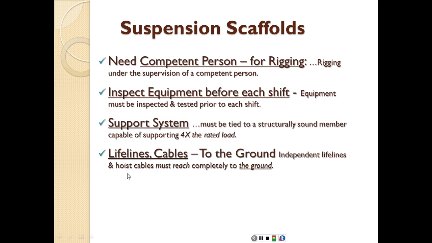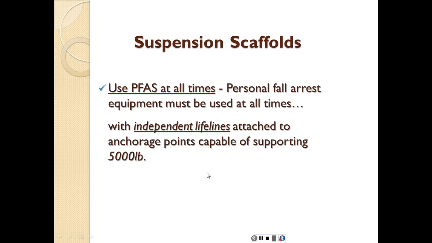Independent lifelines and hoist cables must reach completely to the ground if you want to move that scaffold or balance the scaffold, especially in case of strong winds and things like that. On suspension scaffolds, we're going to use PFAS at all times, with independent lifelines attached to an anchorage point capable of supporting 5,000 pounds. The key number here is 5,000 pounds.